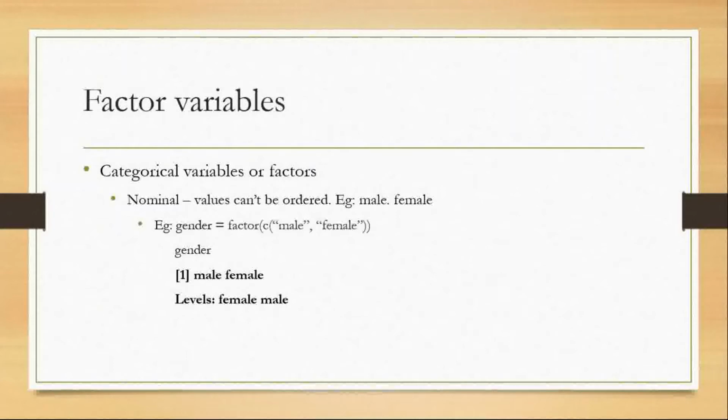Here we are giving male and female, 2 strings, as input to factor, and the factor function's output is returned to gender. You can see the output as male, female, and levels as female, male. Levels refers to the unique set of values given in the input.